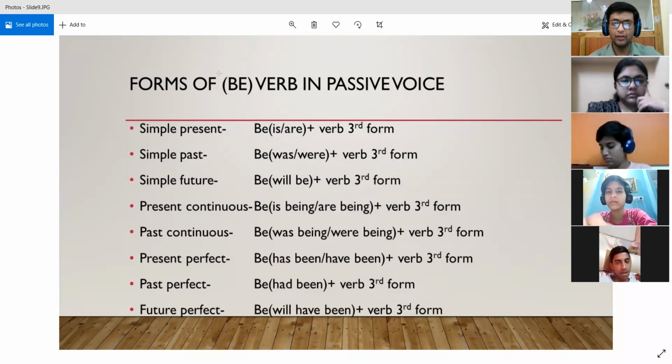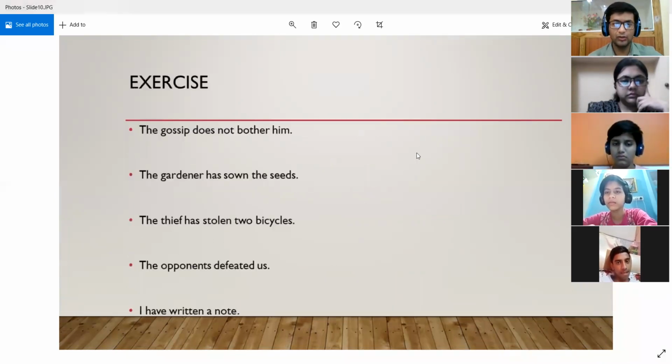Now I think in the last class also we were solving the exercise. So we will continue with the exercise because we have revised the concepts again. So now who is going to answer the questions? Raise your hands.